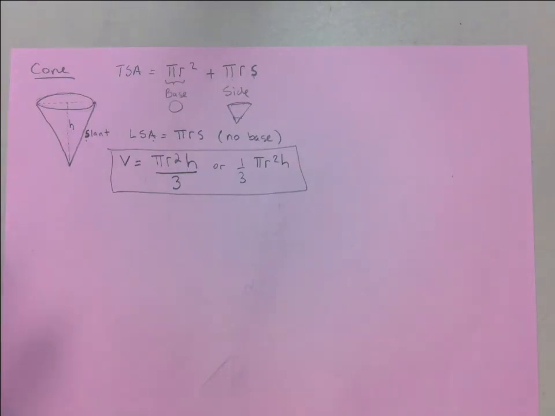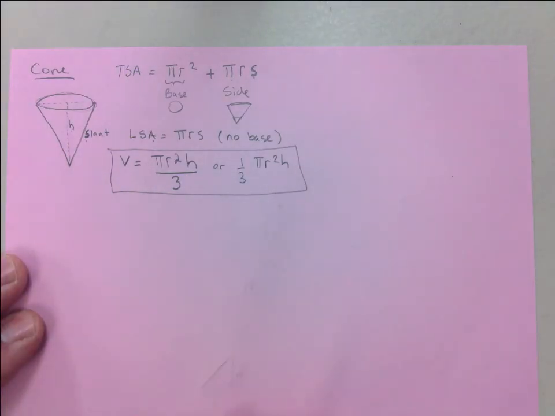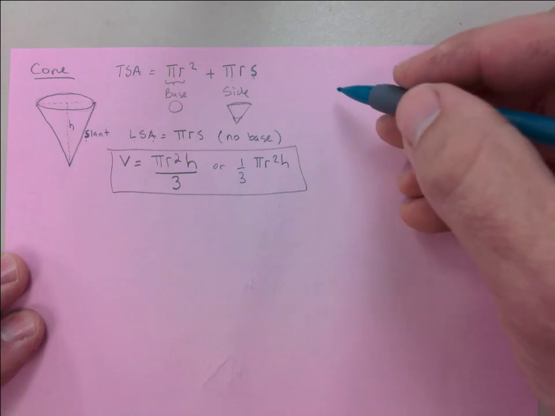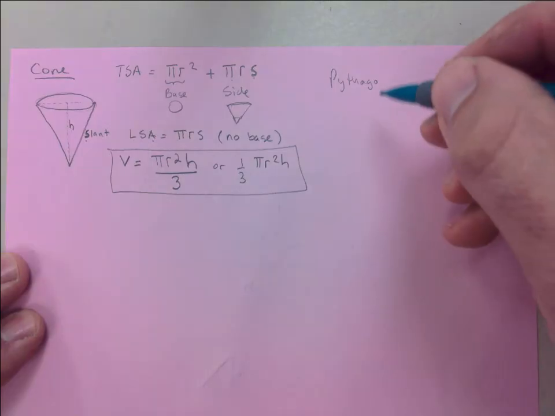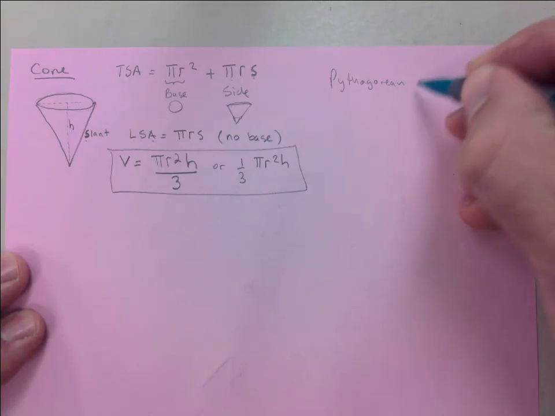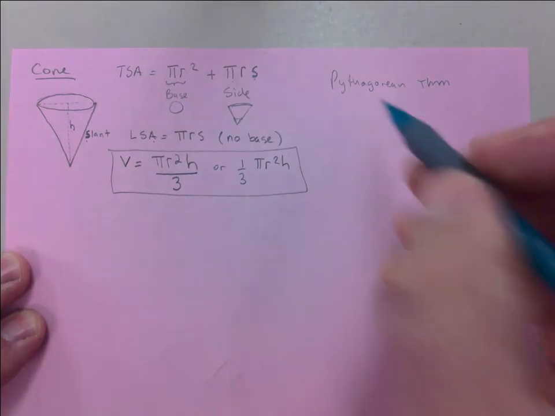So this is the one I needed to, and again, Pythagorean theorem, if you forgot, right? I think you don't need this, Pythagorean, if you have this for the pyramids.